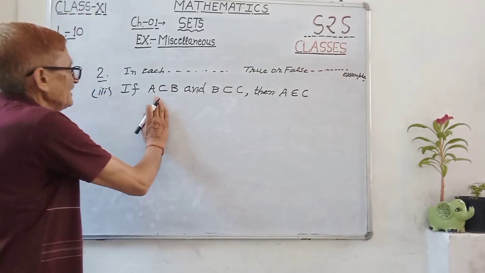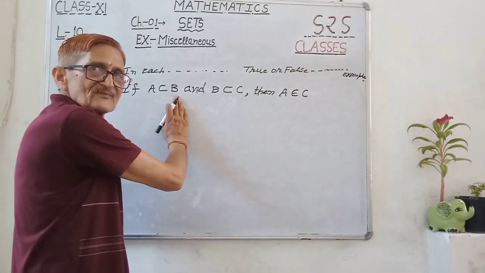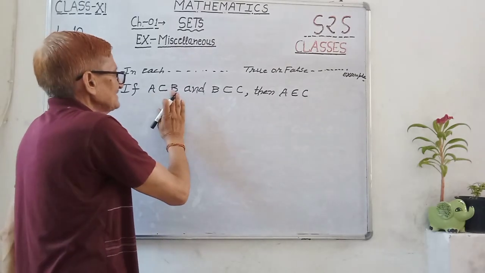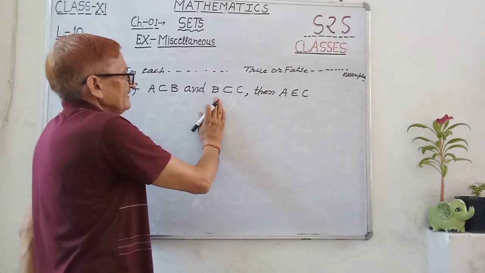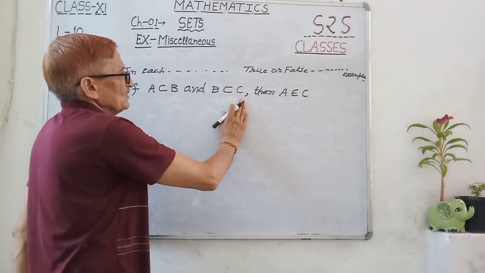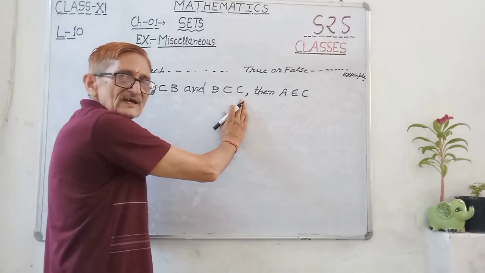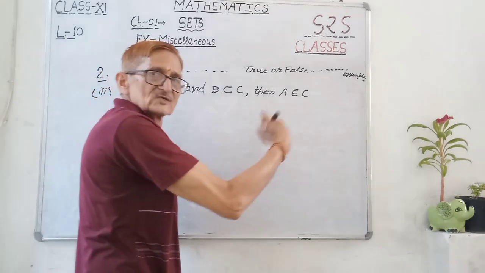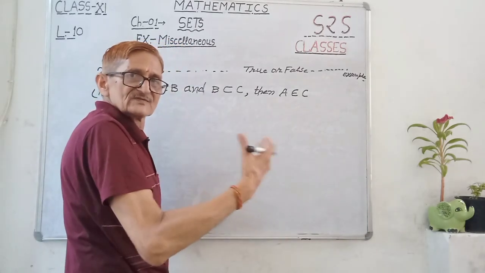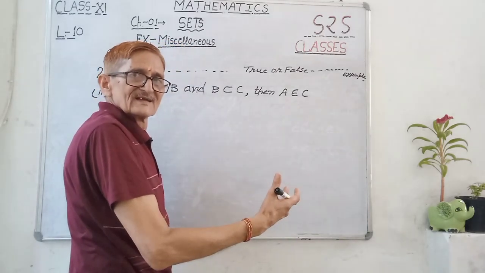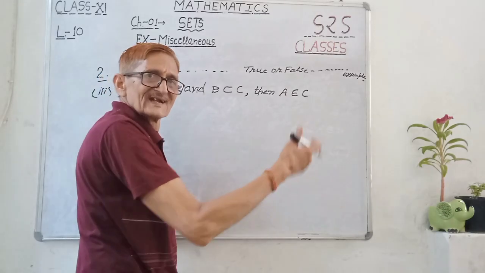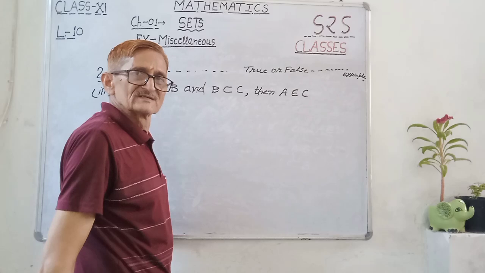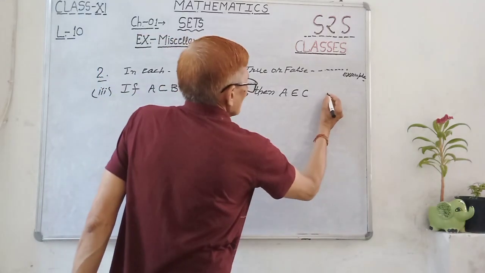Let x belong to A, then x belongs to B, because every element will be in B. And B is the subset of C, it means x belongs to C. So it means element x belongs to C, and we can't say set A belongs to C. The symbol must be for a set. So we can say false.